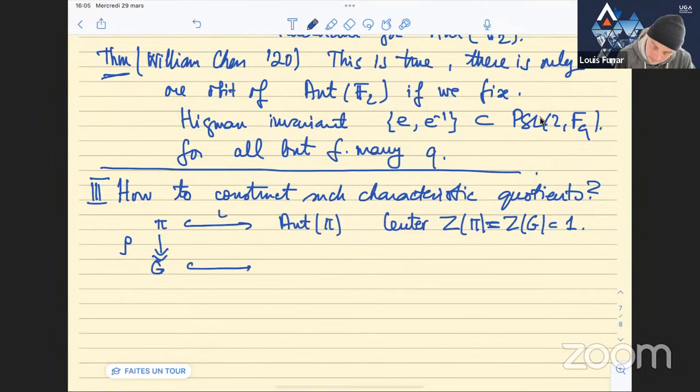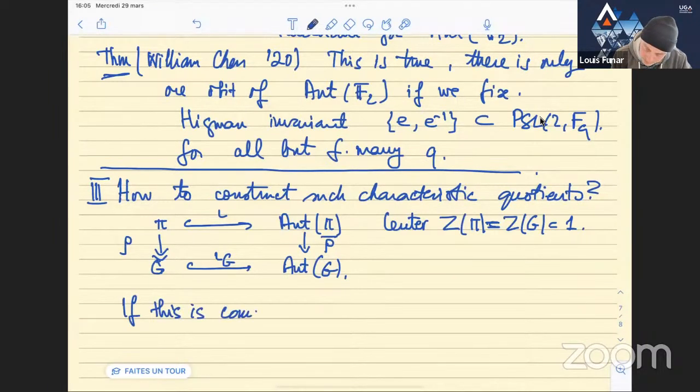And here is I_G into the automorphism group of G. So if we have here a natural map, a rho tilde, rho bar, such that this diagram is commutative, then automatically rho is Out pi invariant.